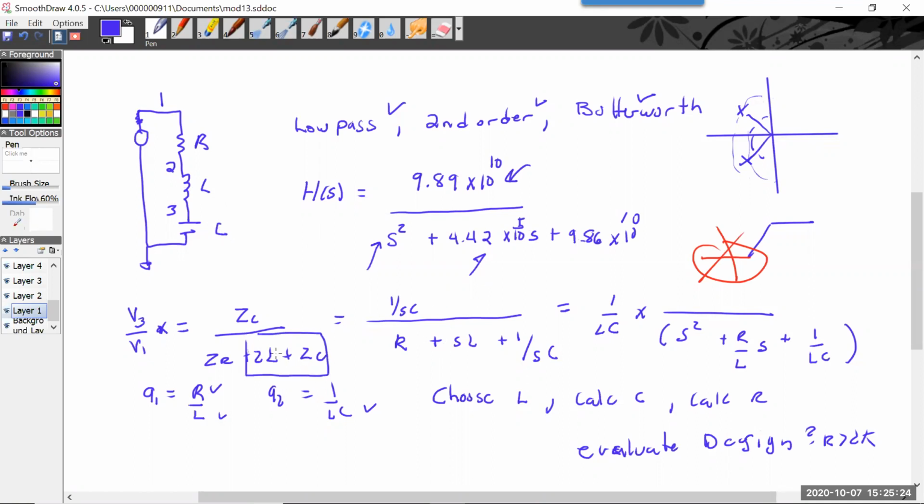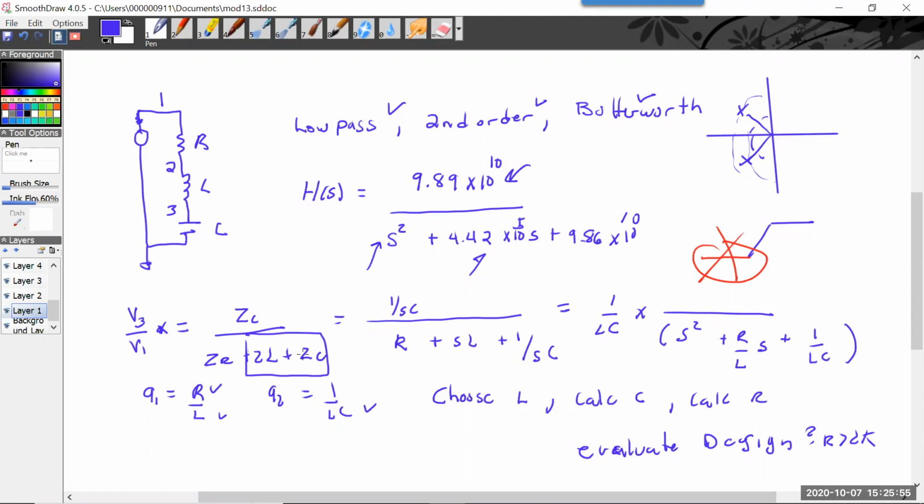If we look over here, at omega naught, these two equal each other, and so the minimum impedance is when these cancel each other out. Now, it's a rather long derivation. If you're interested, I can send it to you. But I wanted to get to more examples.